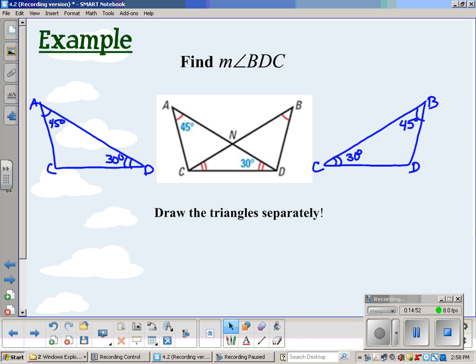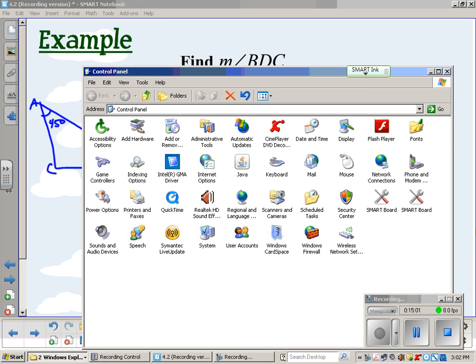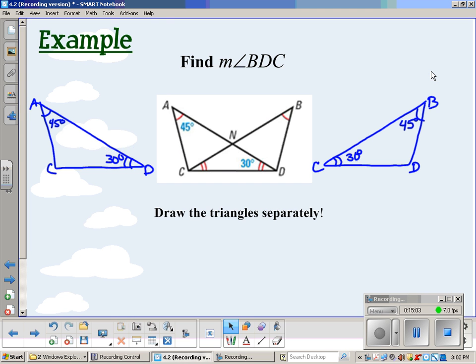So by the third angle theorem, I know that angle ACD and angle BDC have to be congruent. The last thing I have to do is figure out what the degree measure is. So I know that they add up to 180. So I'm going to take 180 degrees, then subtract the amount of degrees that I already have for the other two angles.